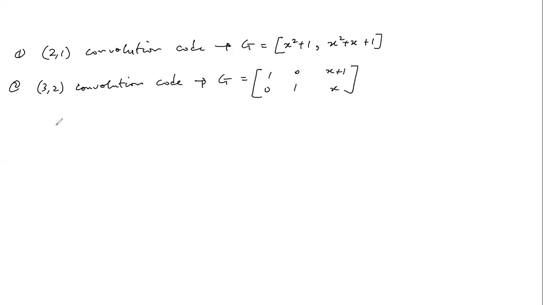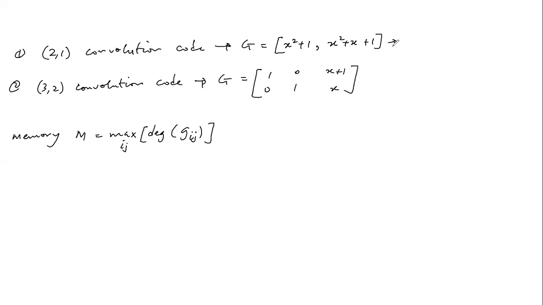the memory of the encoder, say m, is defined as the maximum value of the degree of the polynomial g sub ij over the dimensions i and j.